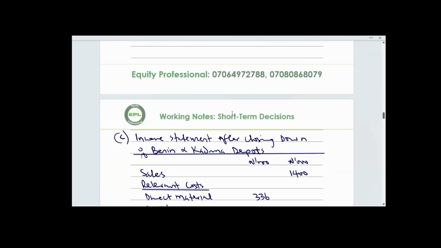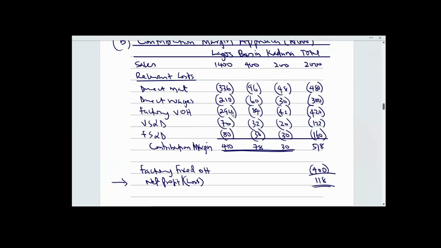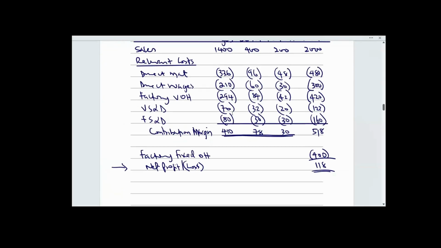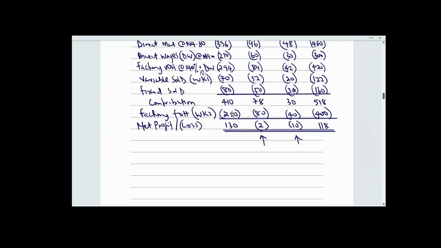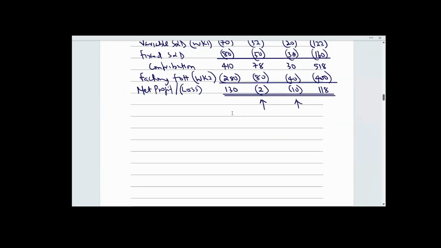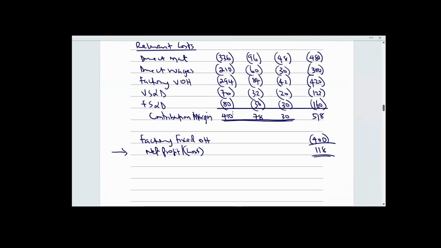When you look at our calculation in the A part of the question, let me use the second one that is clear. You will see that Benin contributed 78,000, whereas Kaduna contributed 20,000. The addition of the two is 108,000.